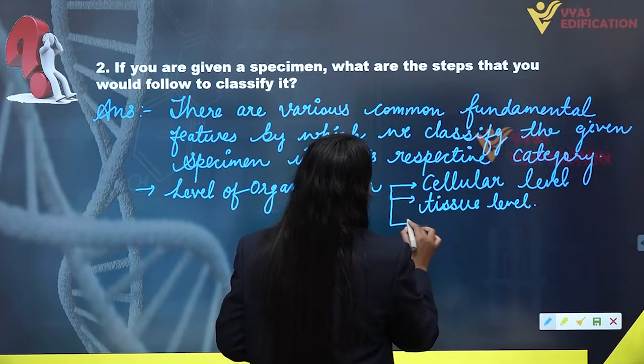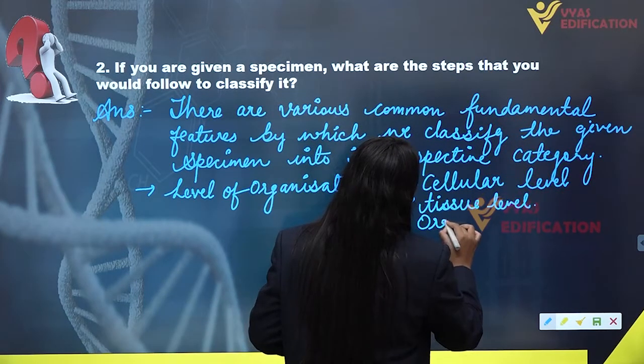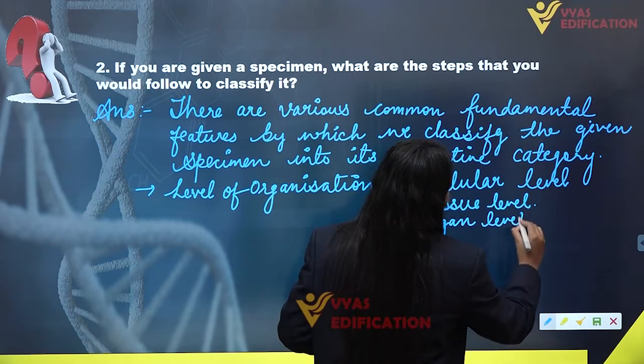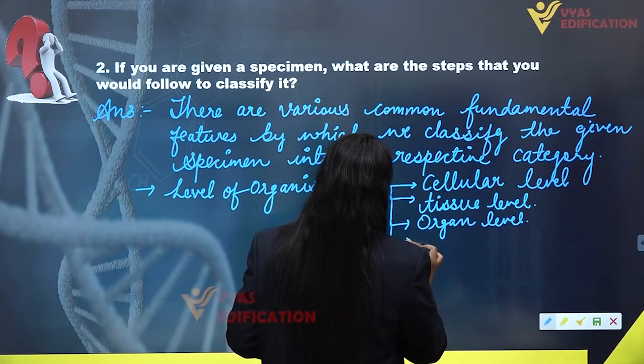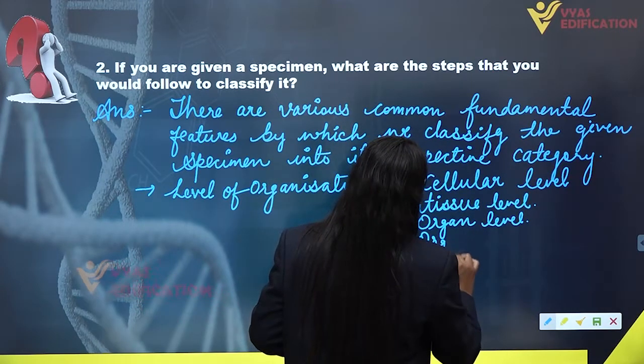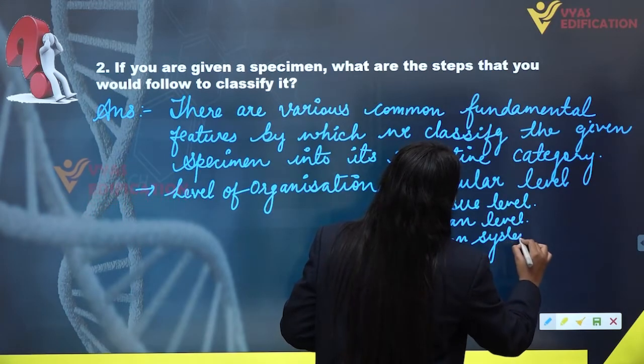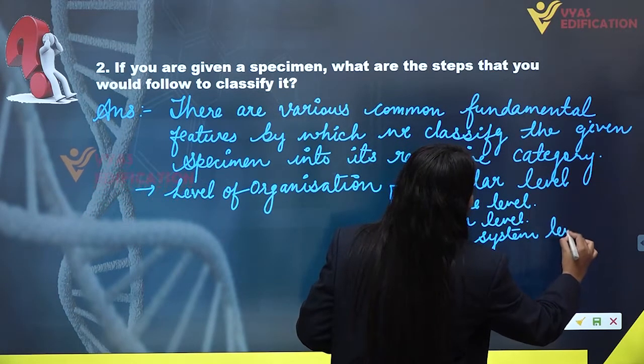Also, we have the organ level of organization. And the last is the organ system level of organization.